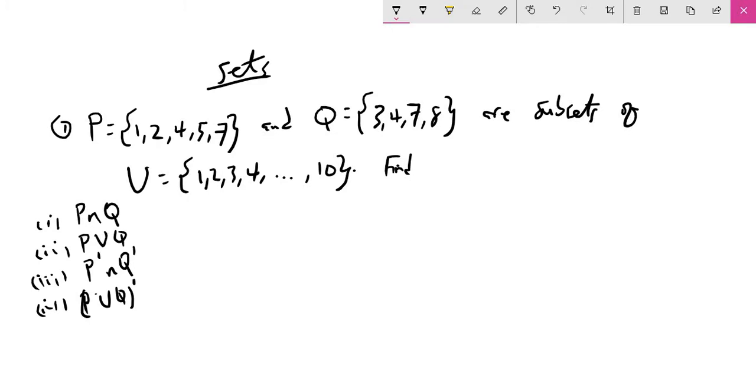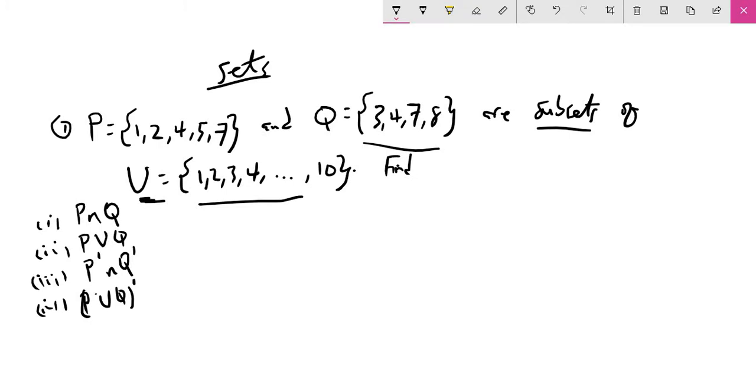Okay, so the question says P is equal to the set {1, 2, 4, 5, 7}, and Q is equal to the set {3, 4, 7, 8}. And these two sets are subsets of the universal set U, which has these elements.